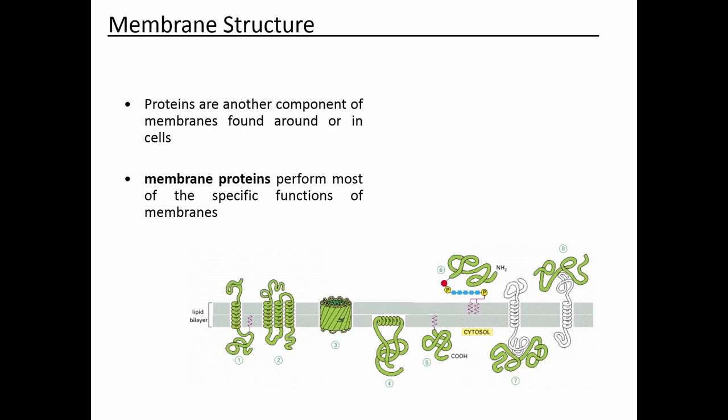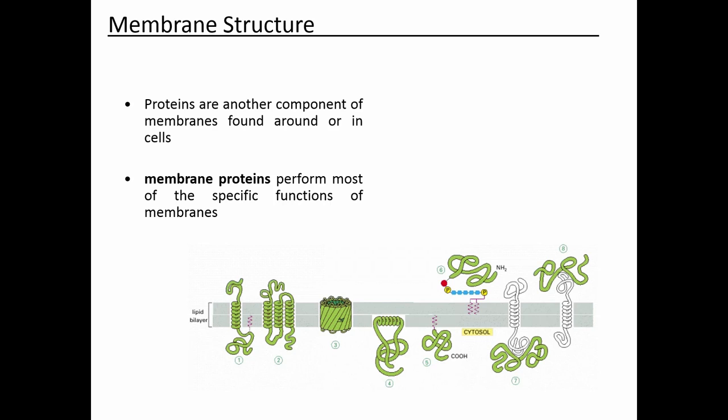As one example, there is a specific membrane protein called a transporter that moves glucose from one side of the membrane to the other. So when a cell wants to take up glucose, it puts more of these carriers in its membrane, and then the carriers transport glucose and allow the cell to take up glucose from the environment.